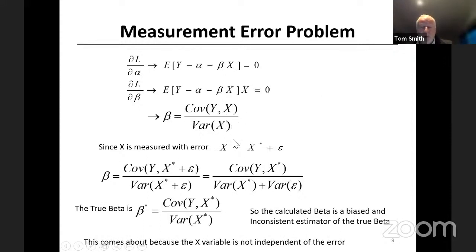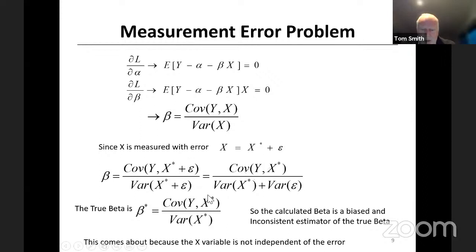But remember, the x equals the true value plus error. So when I replace the x with the true value plus error, I get the right thing on top in the numerator. I get the covariance of y with x bar, that's what I'm after. But on the denominator, I get the variance of x plus the variance of v. Since this is just error, it's uncorrelated with x, so there's no covariance.